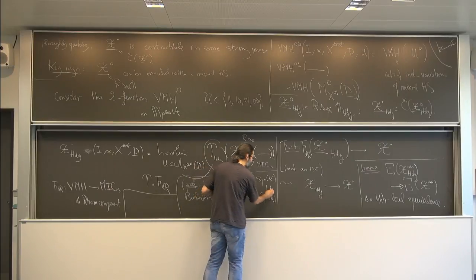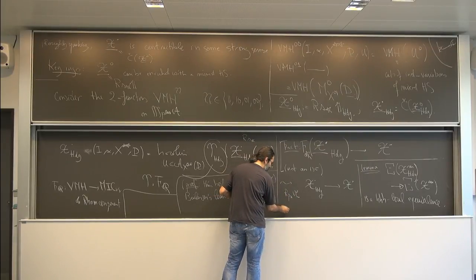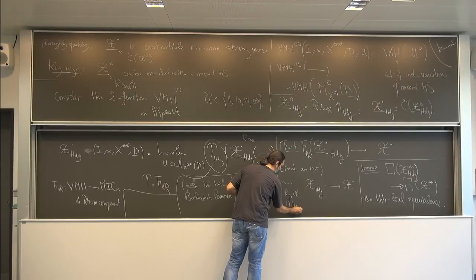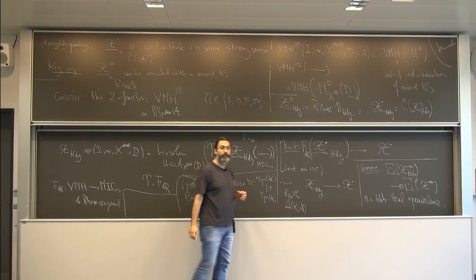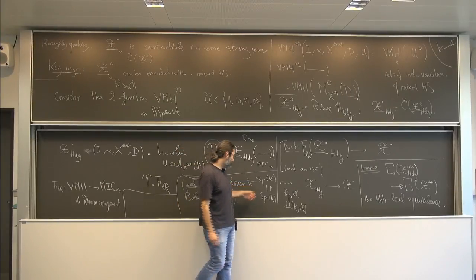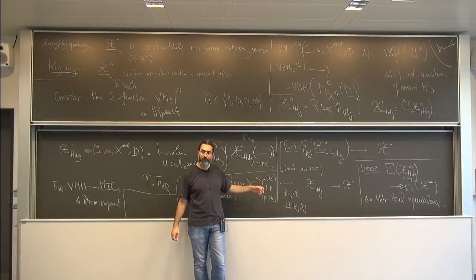If I call this map p, there is the R p lower star of a module M, and then there is the de Rham cohomology of the module M. These two things are a priori different, but in fact, thanks to Beilinson, we know that they are the same up to isomorphism.